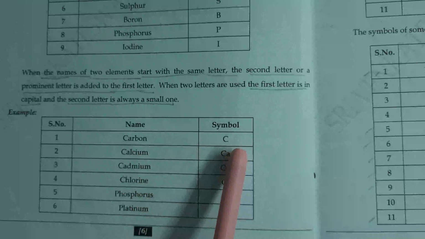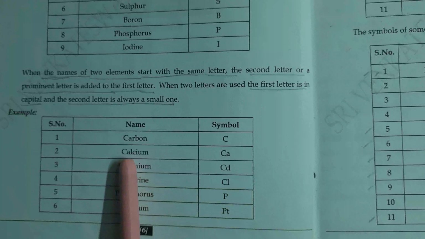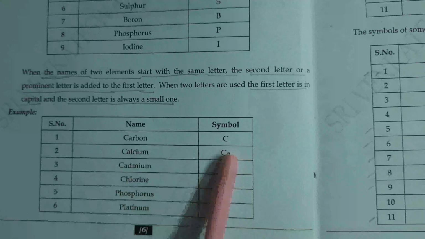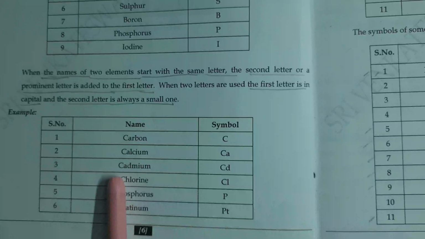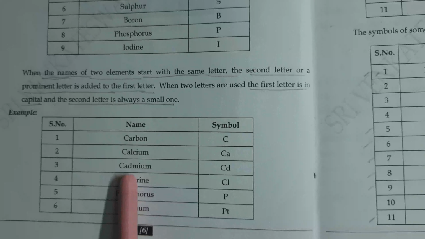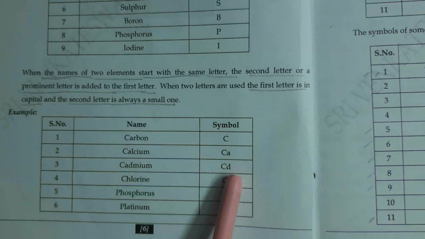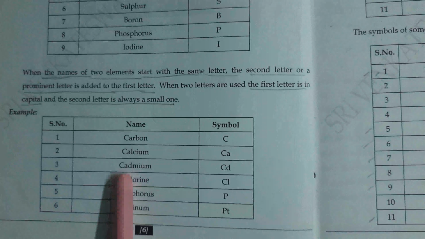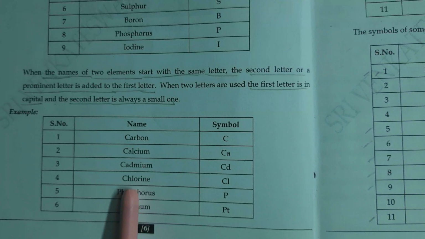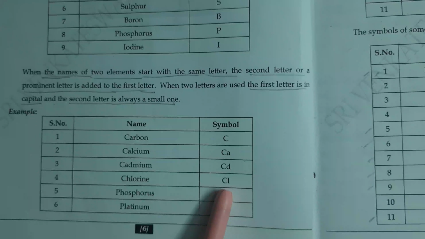Carbon is represented with C only, whereas calcium is Ca. For cadmium, D is the prominent letter, so it is Cd. Chlorine is Cl, where L after C is prominent.